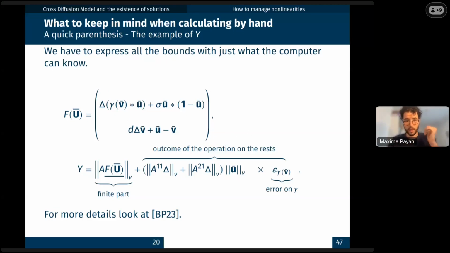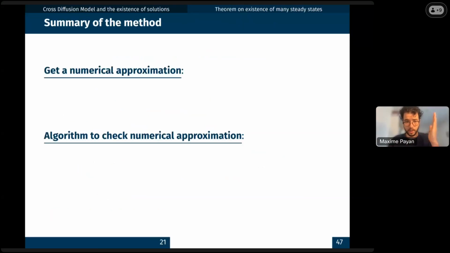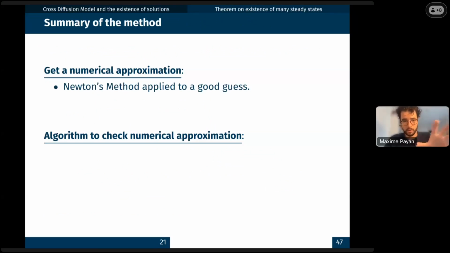Okay, so now we can apply this to get some theoretical solutions. I remind you a little bit of the method. You get a numerical approximation by Newton's method, which is completely easy, but you are not sure that you get an interesting solution.